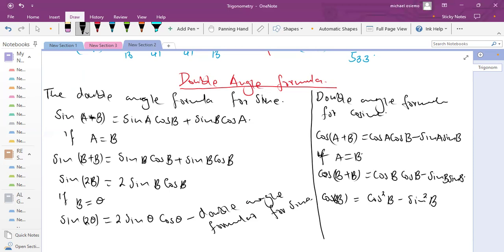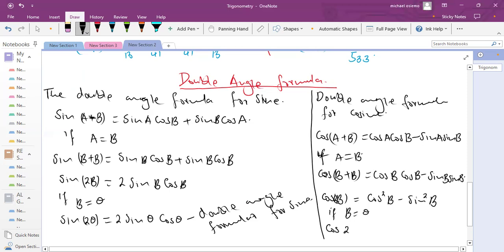So if B is equal to theta, then we have cos 2 theta is equal to cos squared theta minus sin squared theta. So that is the double angle formula for cos.